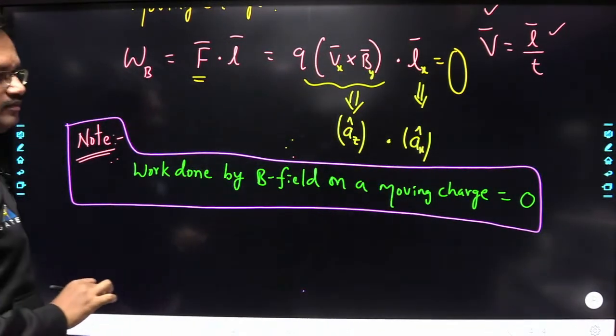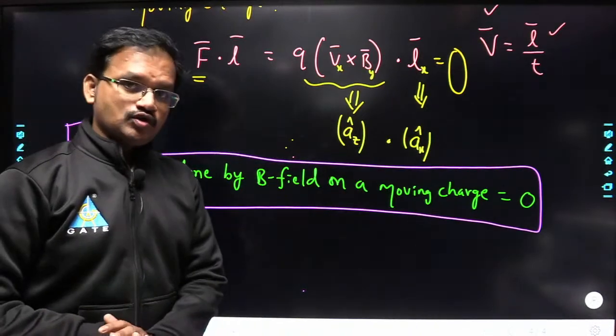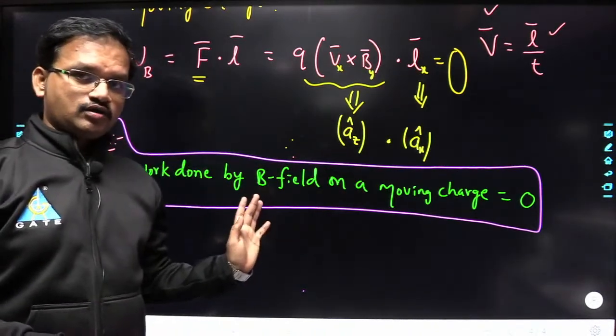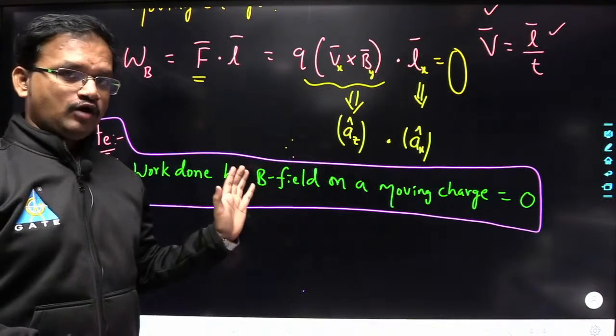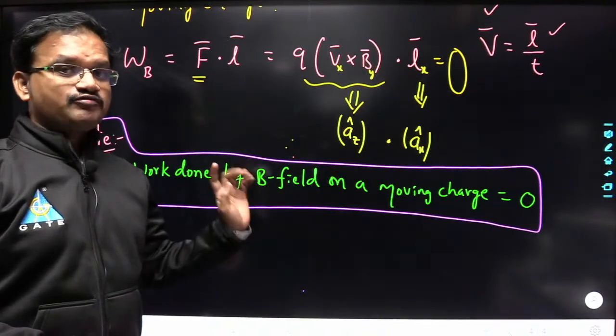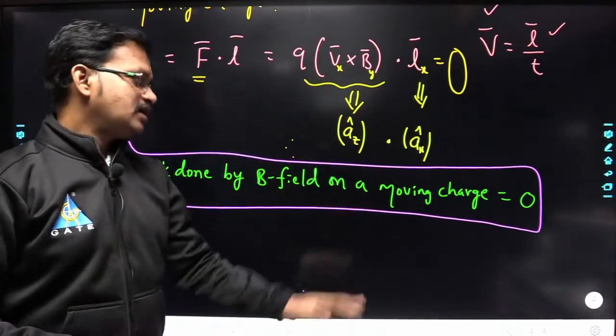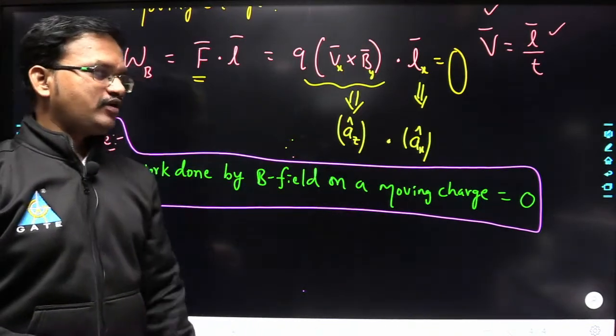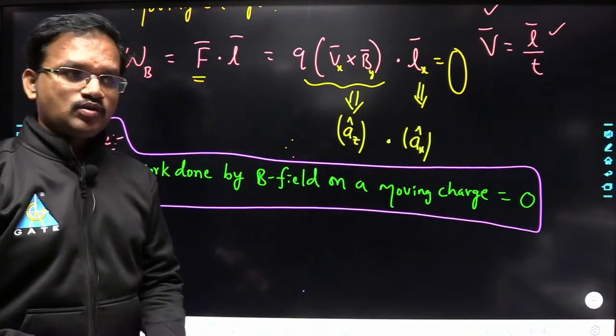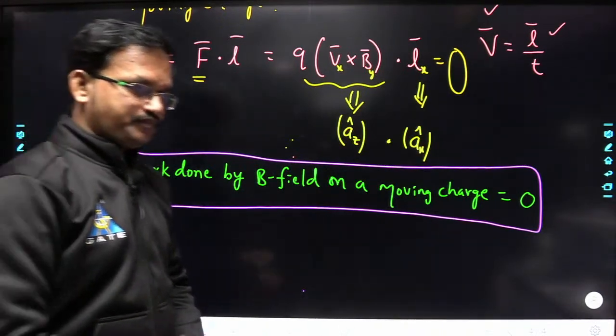Work done by the B field on a moving charge is equal to 0. Force is not equal to 0 here. Force is acting, yes or no? Force is present, but the force and displacement both are perpendicular to one another, and hence work done by the B field on a moving charge is becoming equal to 0, right? Okay.